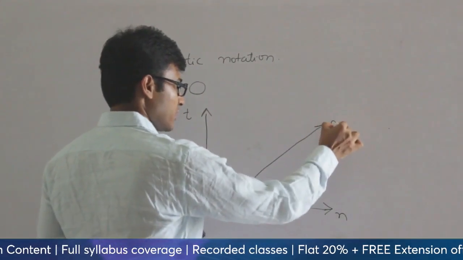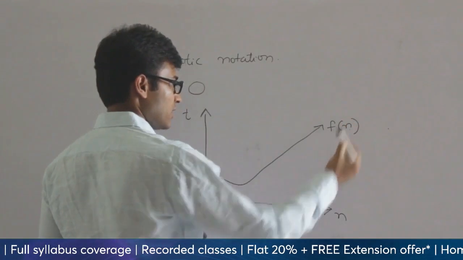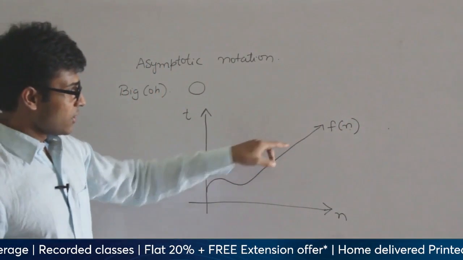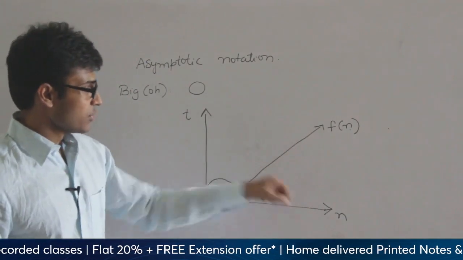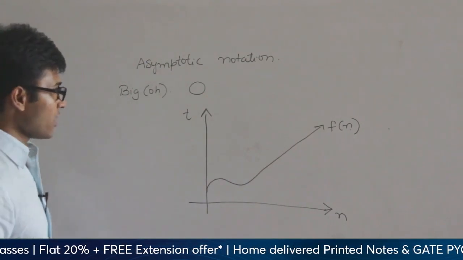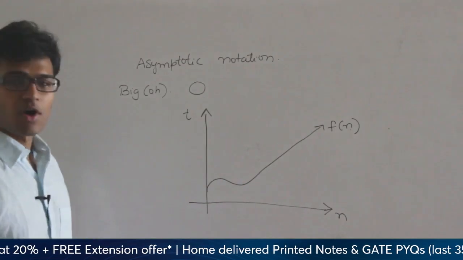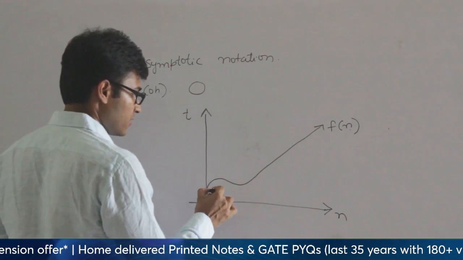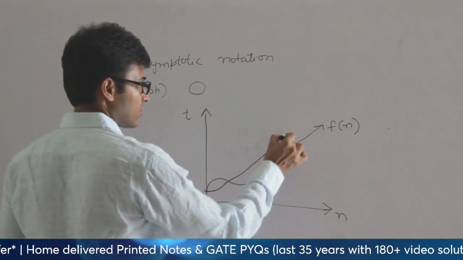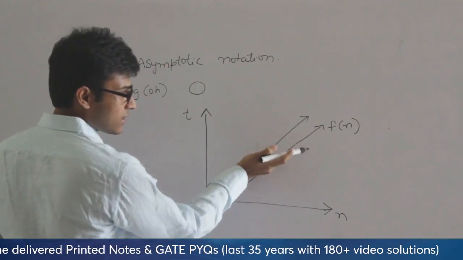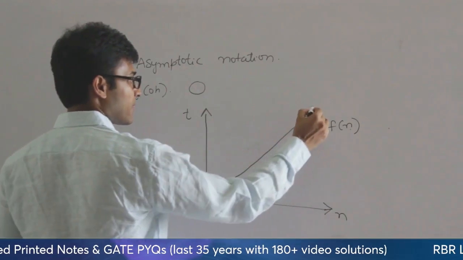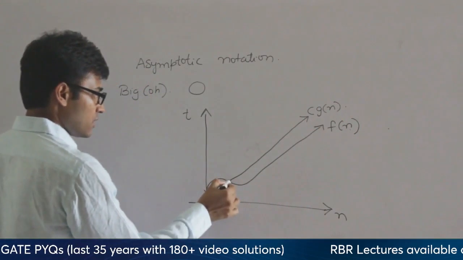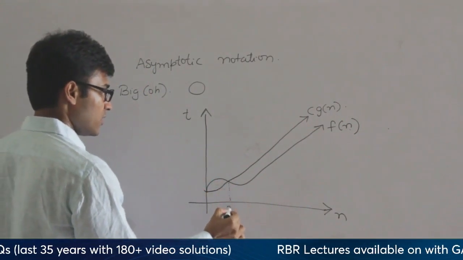Let us call it f of n, where f is a function of n and n is the size of the input. Assume that the time is going to increase like this as the input is increasing. Then what is the worst case, or upper bound, for this function? We'll find another function such that it is greater than the given f of n. Let's call it c into g of n after some limit n equal to n naught.